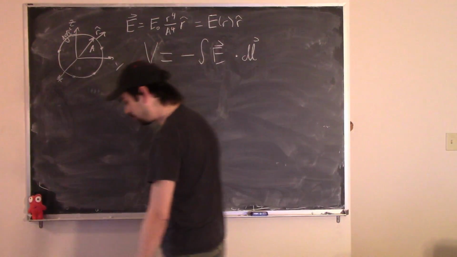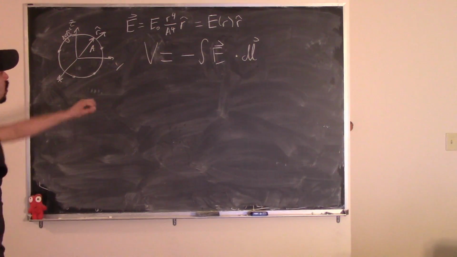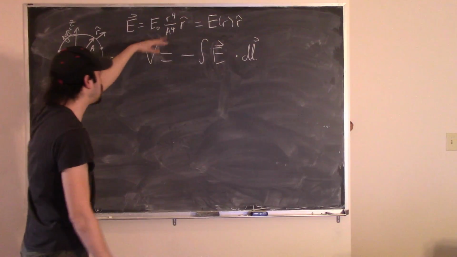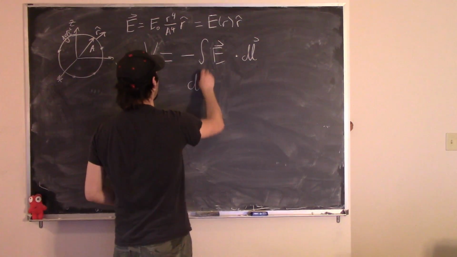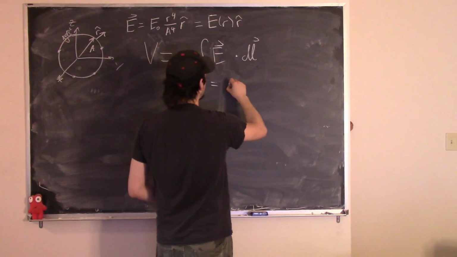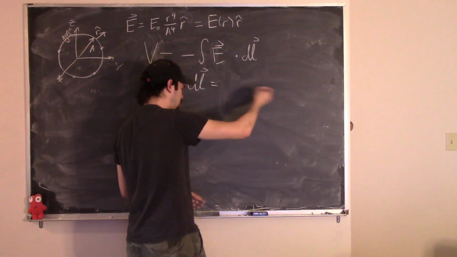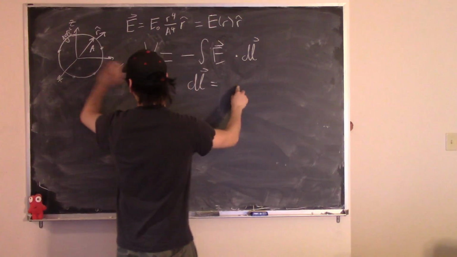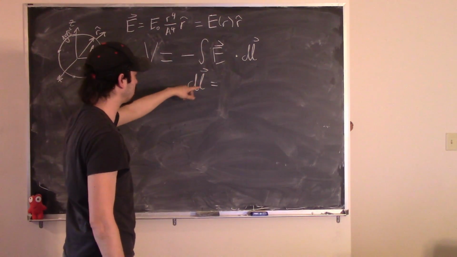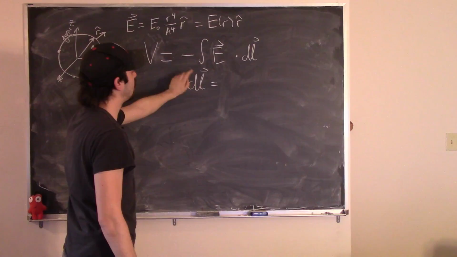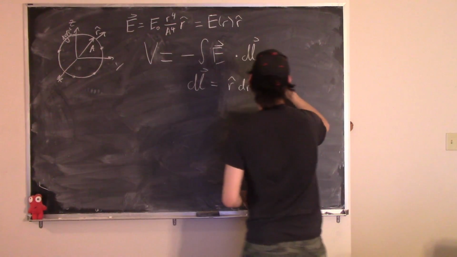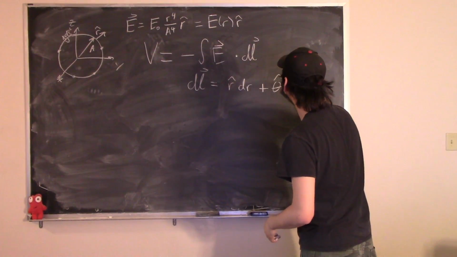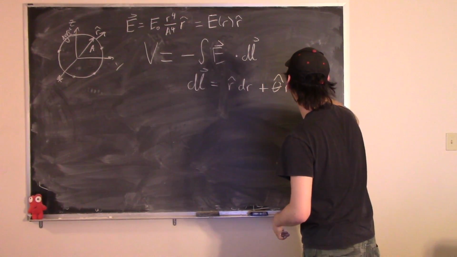Okay. So because we're working in spherical coordinates or polar coordinates in this case, dl can be written as, well, in general, I should do it in spherical coordinates, but I'm going to be lazy and do it just in planar polar coordinates because it doesn't really matter. This is just going to be equal to r hat dr plus theta hat times r d theta.